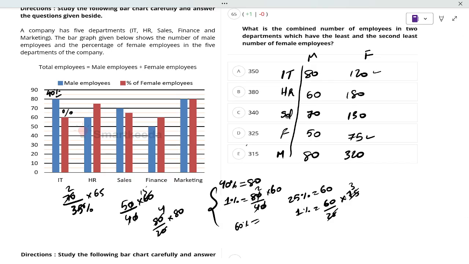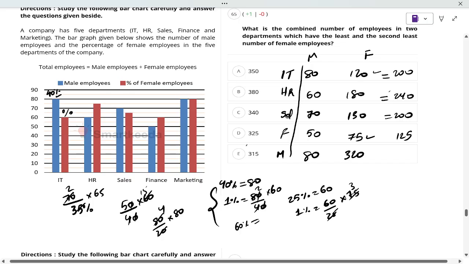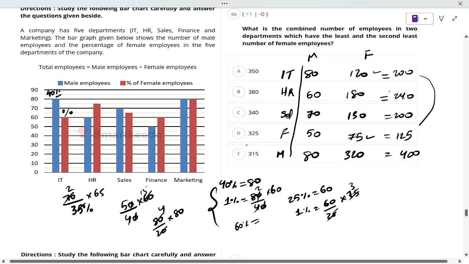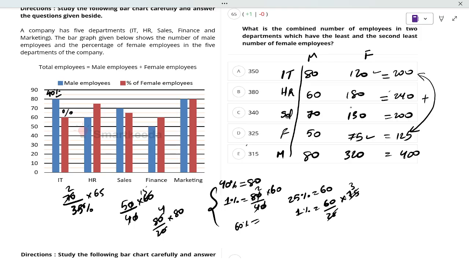So 80 plus this one will give us 200, then this one 240, this one 200, this one 50 plus 25 is 125, and this one 400. So the least 2 female departments are 120 and this one, which have totals of 200 and 125. If we add it, that gives 325. This is the answer.